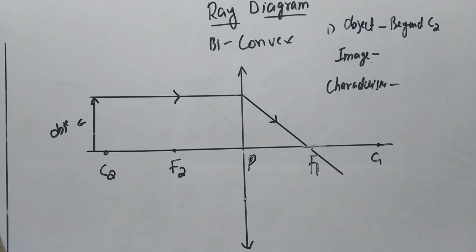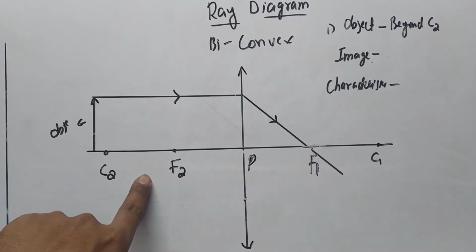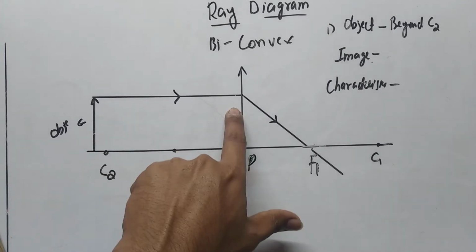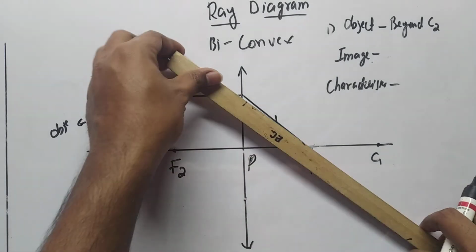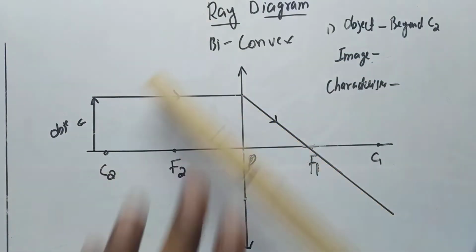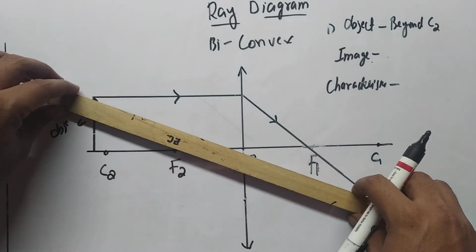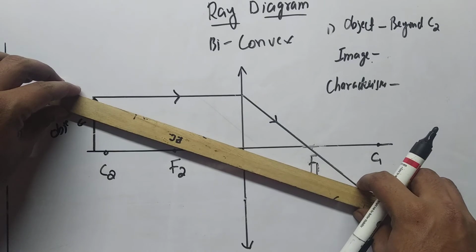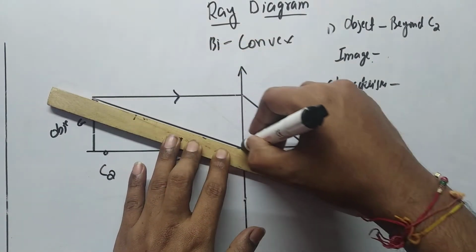So I am using situation 3, when the ray is parallel to the principal axis. Whenever a ray is parallel to the principal axis, it passes through the focus. So let me extend this line. As we know, this line will pass through the focus. For the second ray, I am taking an incident ray which is passing through the optic center.